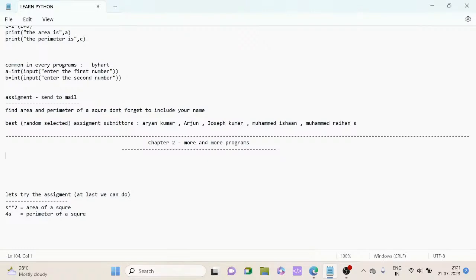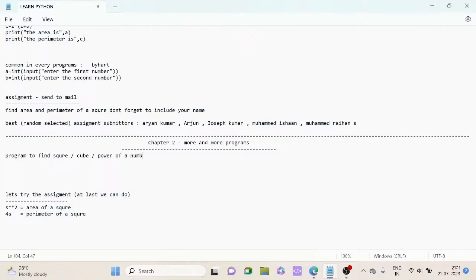First of all, let's learn a program to find the square, cube, or power of a number.